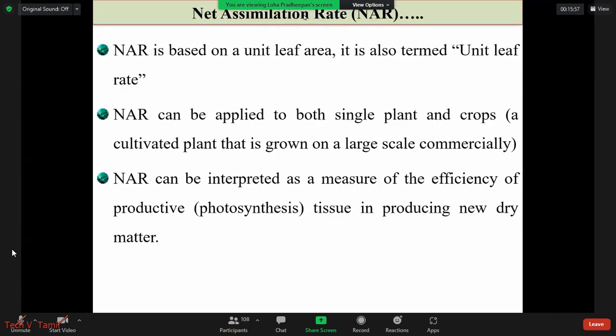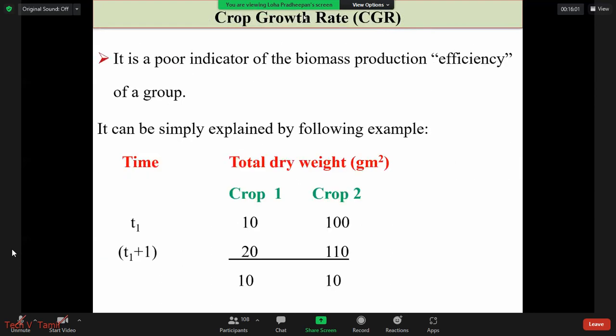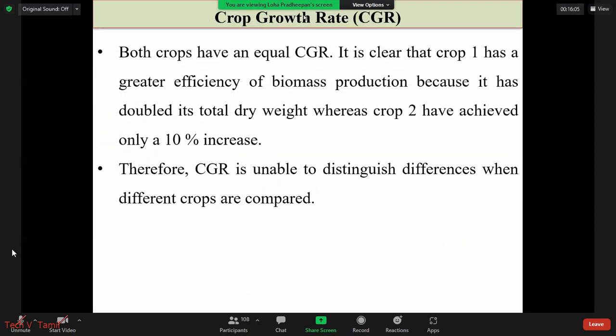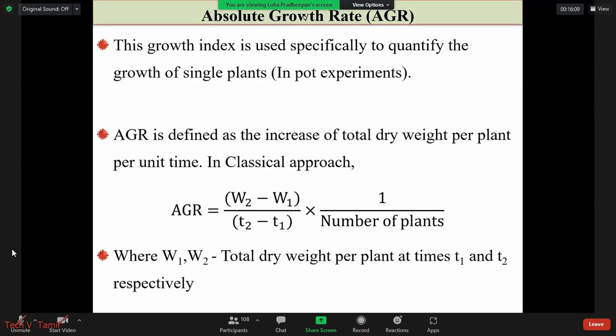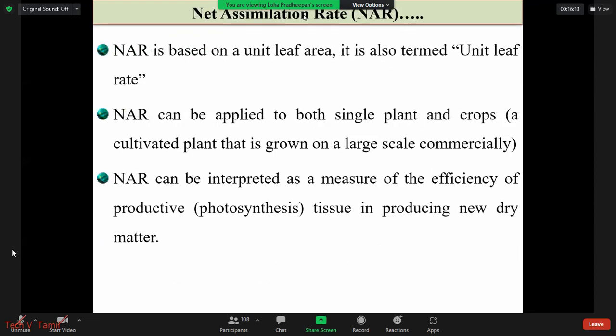The other one is relative growth rate. In relative growth rate, we are calculating the dry weight change with time by comparing it with the existing biomass. So that gives some idea regarding the biomass production efficiency. Then we talked about the net assimilation rate.